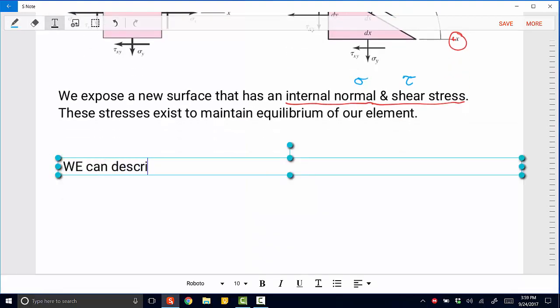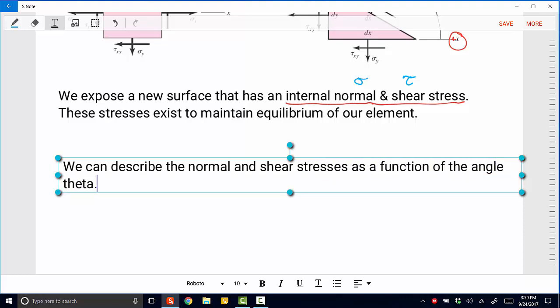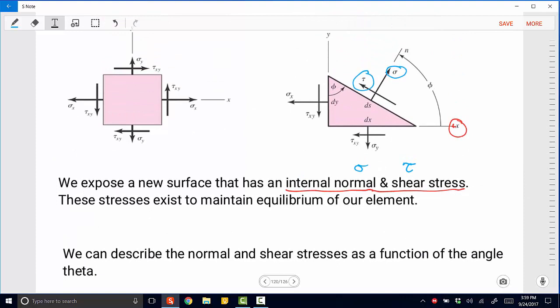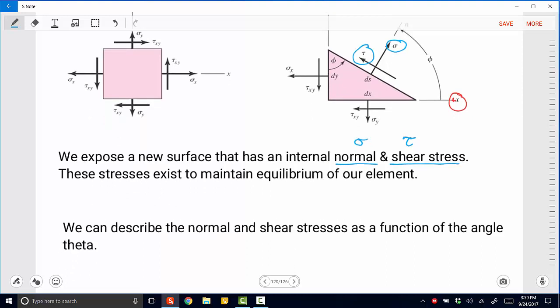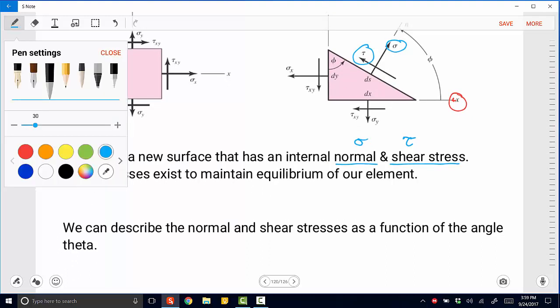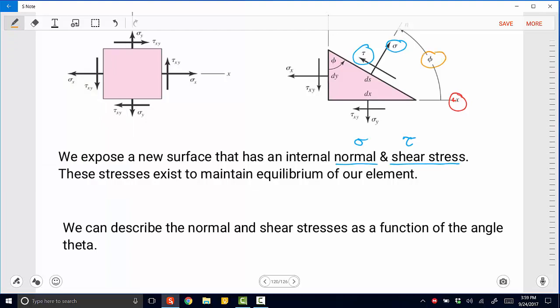Now we can describe the normal and shear stresses as a function of the angle theta. And let's highlight these appropriately. Normal and shear, a function of the angle theta. Or actually, the angle we have here is phi.